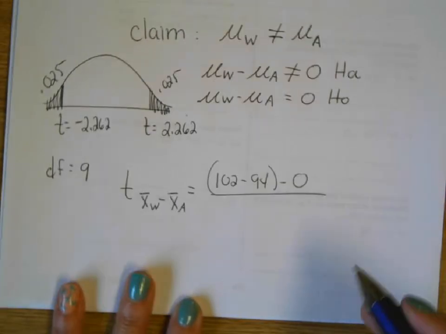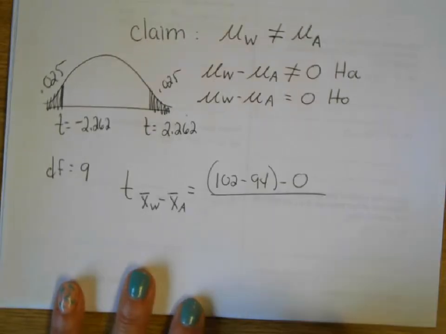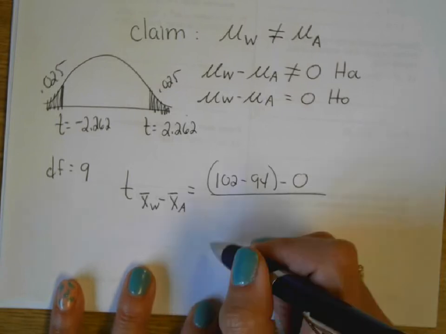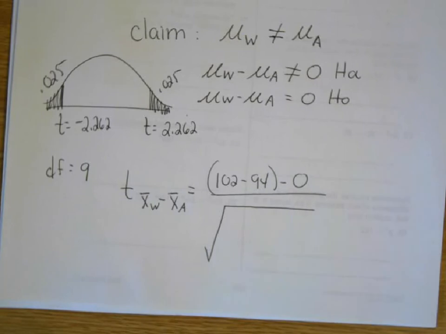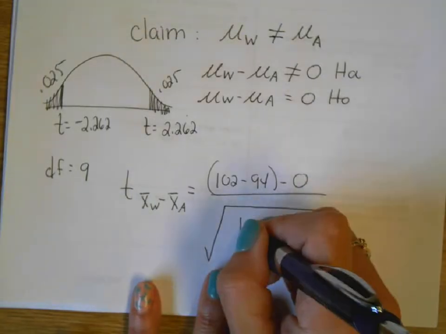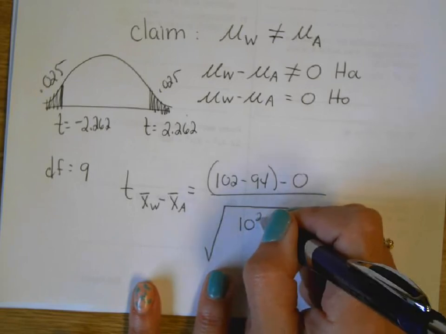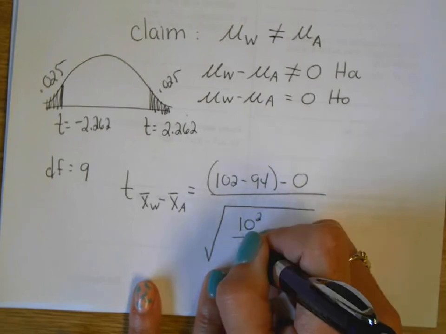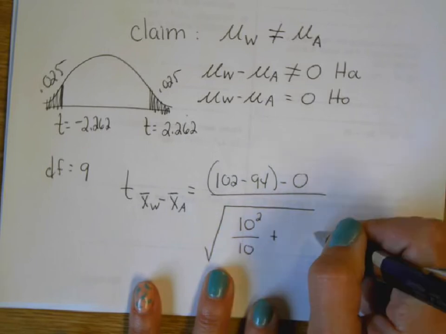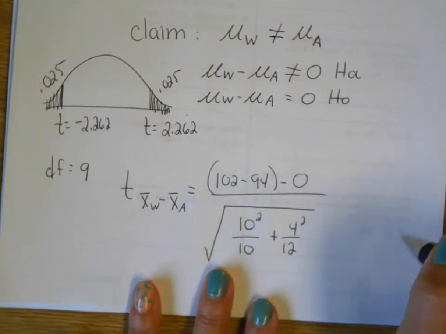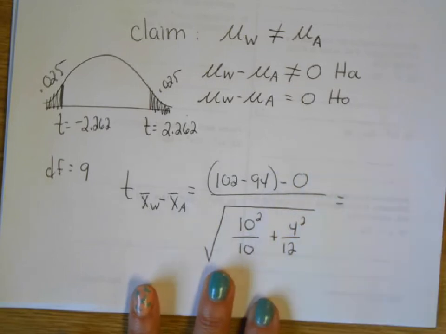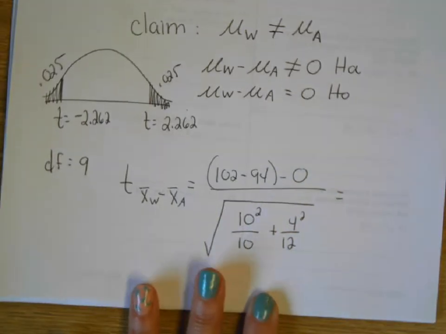And our not pooled denominator is the same as yesterday's denominator, where we have the square root down here, which is the standard deviation squared over the sample size. So 10. Yep, and then 4 squared over 12. That's good. And then you'll be done.